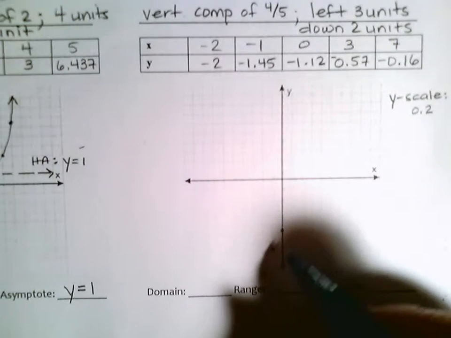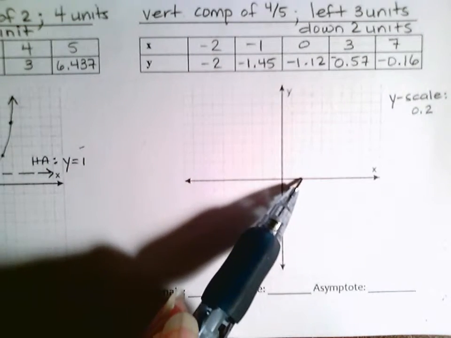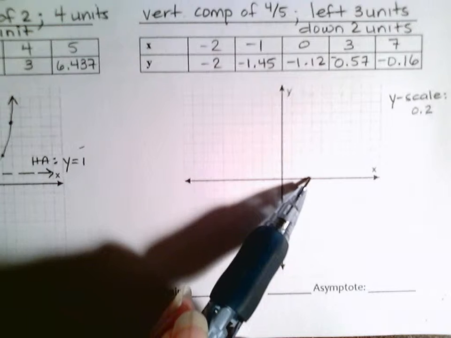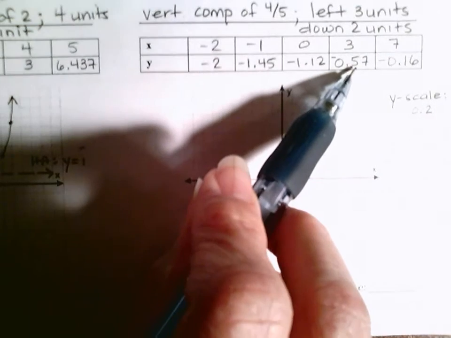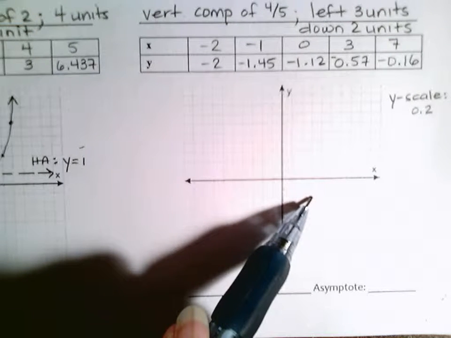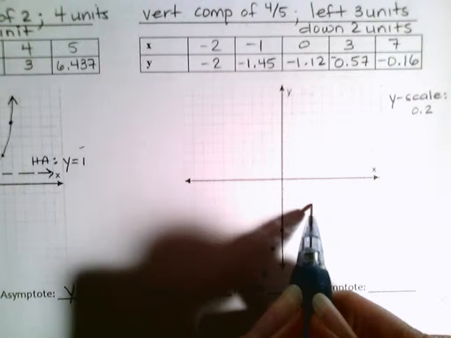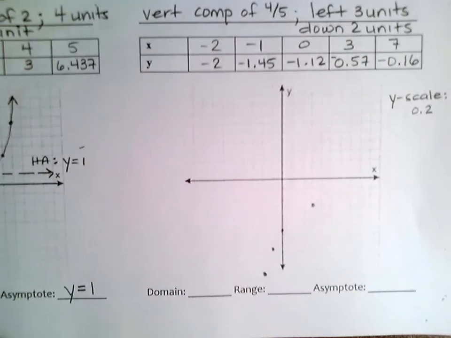So I can start seeing the curve is going like that. 3, 1, 2, 3. And I have to go to 0.6 approximately, if you round up. So 3, 0.2, 0.4, 0.6. So just about 0.6. Okay.